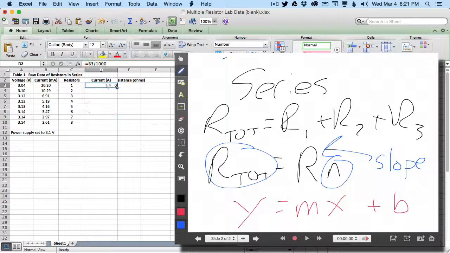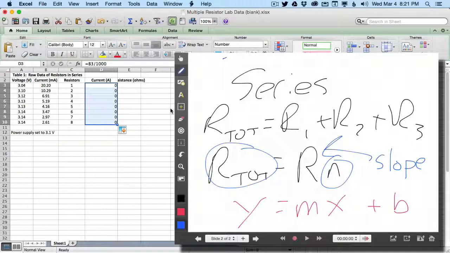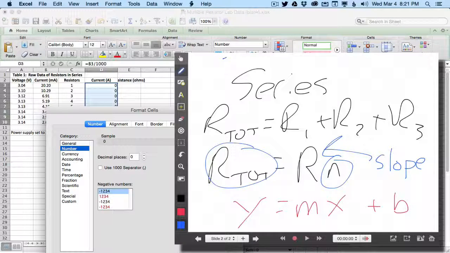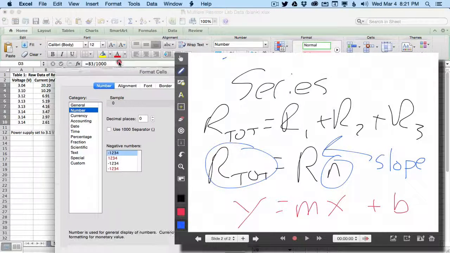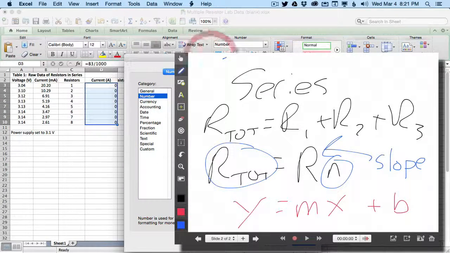If I drag this down, I get very small numbers, but that's okay, because if I format my cells and add some decimal places, we're going to see what's going on here. I think 4 or 5 decimal places is fine.